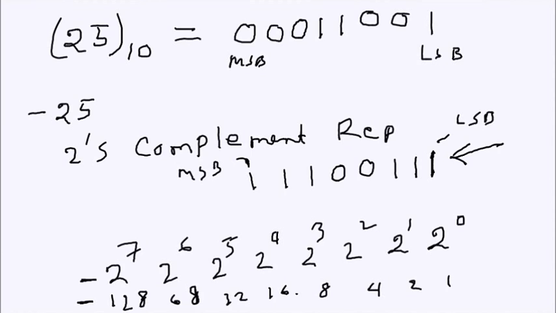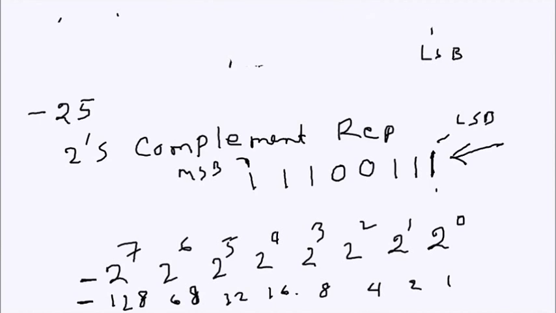So if we look at this negative 25 and assign the relevant weight to each of the bits, this one is a 1, so this is 1.